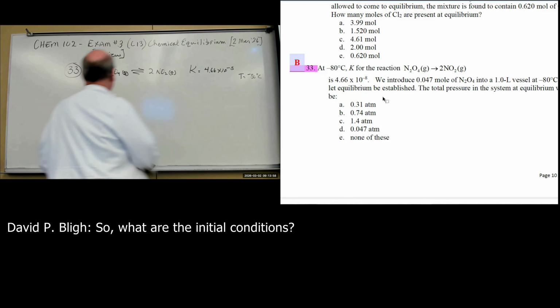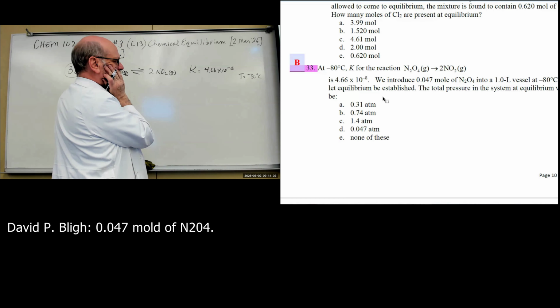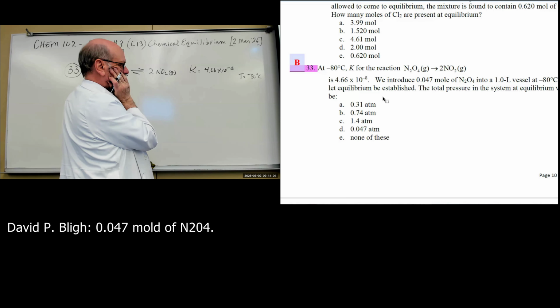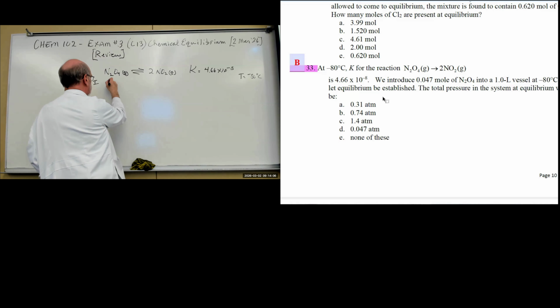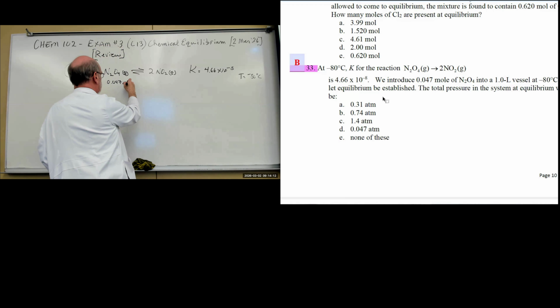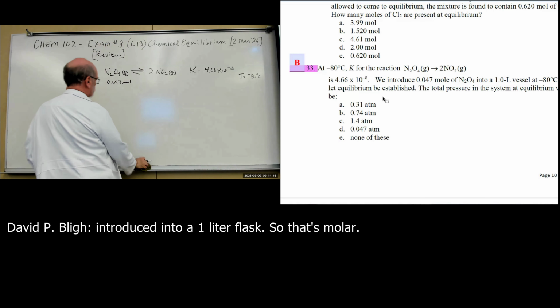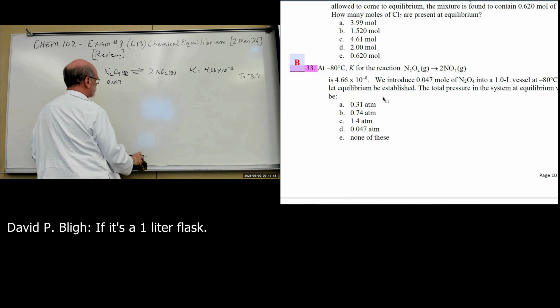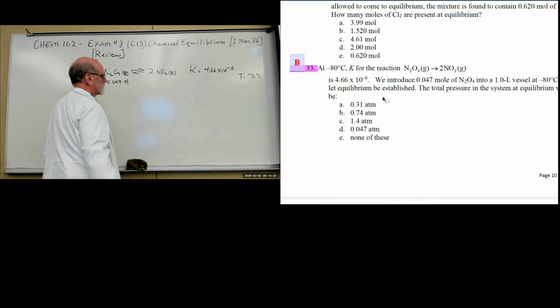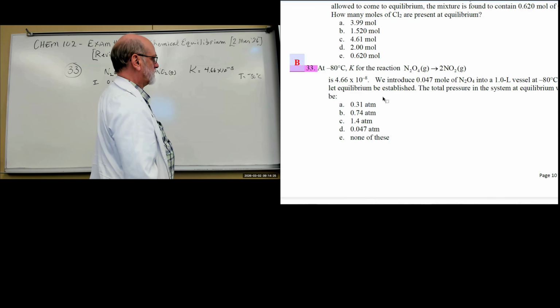Okay. So what are the initial conditions? 0.047 moles of N2O4 introduced into a 1 liter flask. So that's molar. Allowed to come to equilibrium.